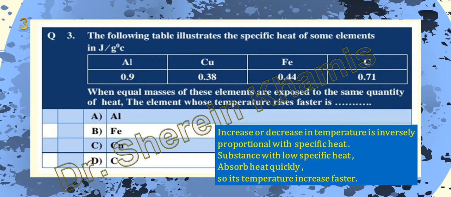We have copper with a specific heat of 0.38, so the right answer will be letter C, with the least specific heat here, as it absorbs heat in less time and quickly. As we said, it absorbs heat quickly and also loses heat quickly with a small specific heat.